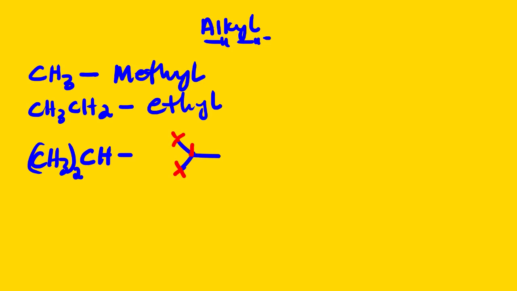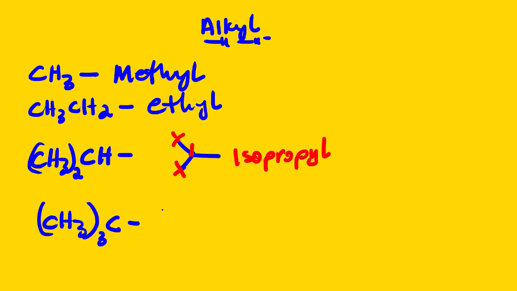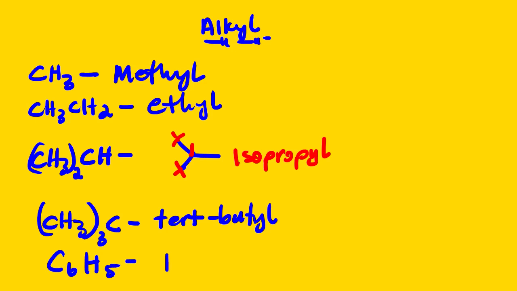So if you remember very well, this is isopropyl. And then we also have (CH3)3C. This is tert-butyl. We've used this in a number of mechanisms. And then we have C6H5, which is phenyl.